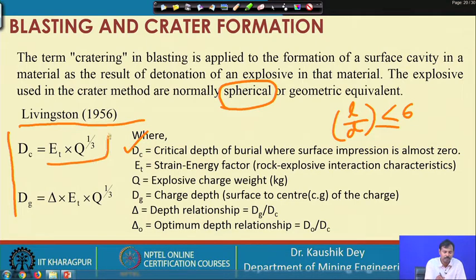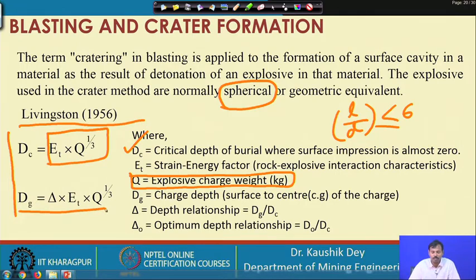as this equation, where E is the strain energy factor, that is the rock explosive interaction characteristic, and Q is the explosive charge quantity expressed in kg. And the depth of charge can be related with the crater volume, and that can be obtained using this equation, where dg is the charge depth, surface to the center of the charge.